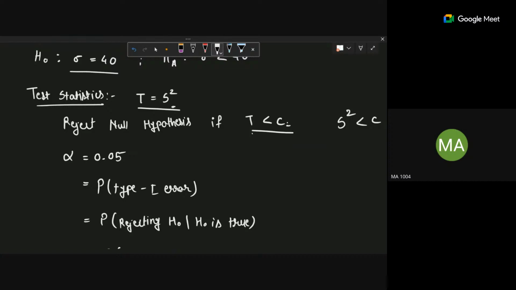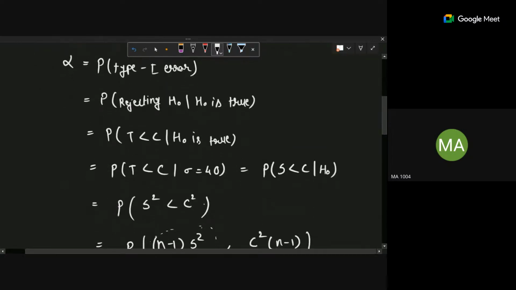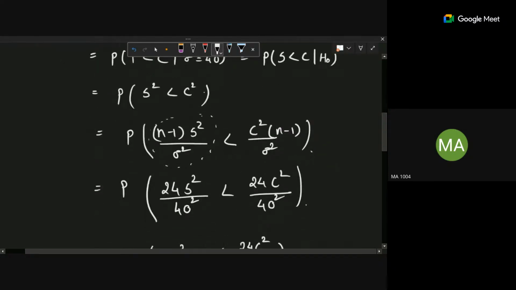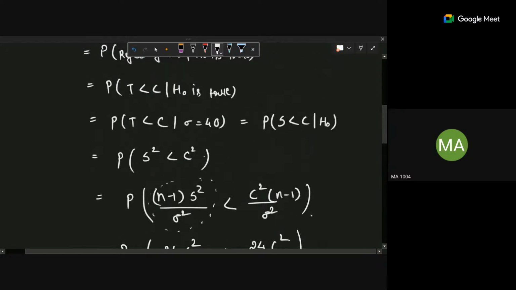Now, how to find the critical value there? They have asked at the significance level of 0.05. So we know that alpha is nothing but the probability of type 1 error, and we calculated the probability of type 1 error. Going through that, we come to know that this quantity, the ratio of two variances, will follow the chi-square distribution.